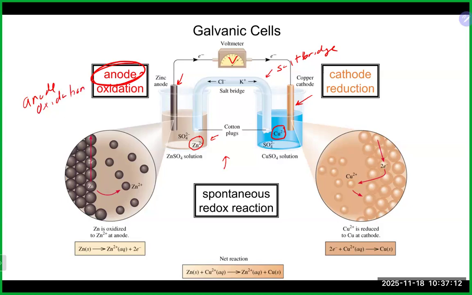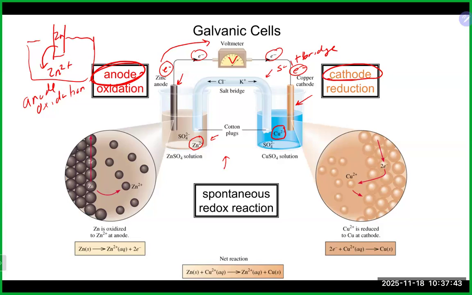In this particular case, our zinc that's solid will lose electrons and then end up as zinc with a +2 charge and go for a swim in the liquid part. It will give up its electrons, which will transfer down the wire to the other side. It will head from the anode to the other side where we have the cathode.